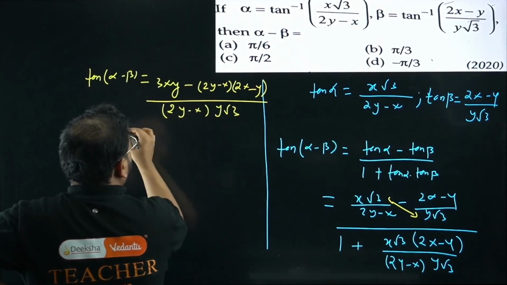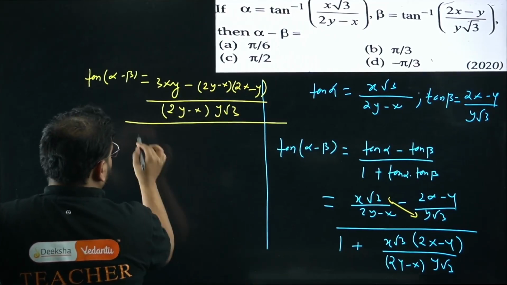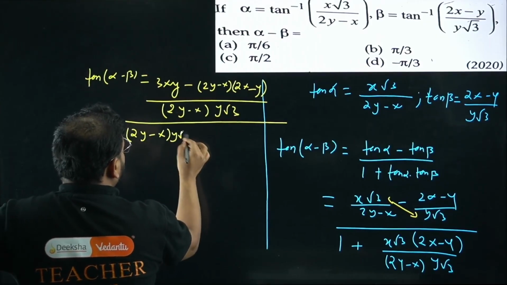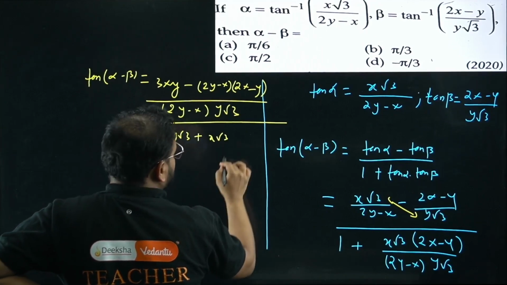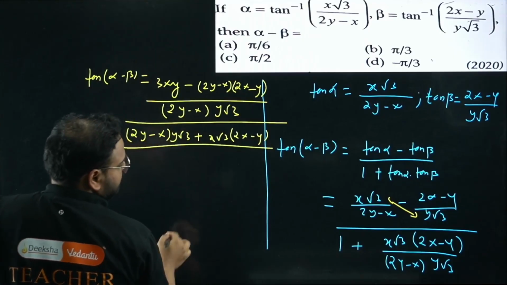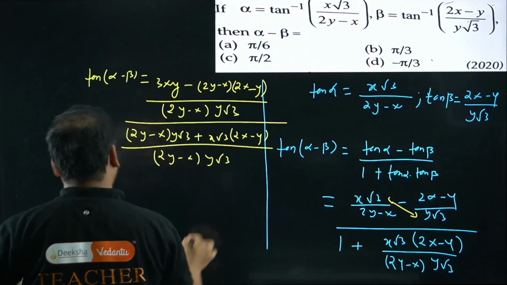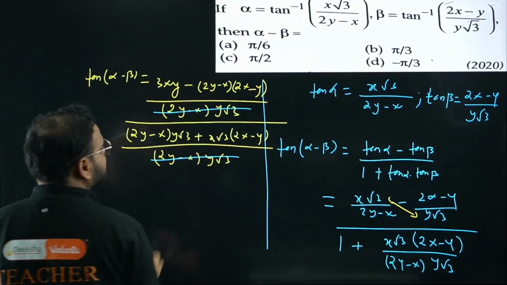This is the numerator part divided by the same thing, 2y minus x into y root 3, and plus x root 3 times 2x minus y. One more step and the question will be solved. 2y minus x times y root 3, this and this is cancelled.